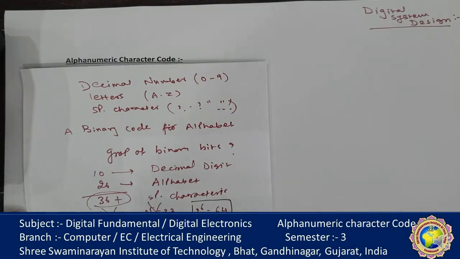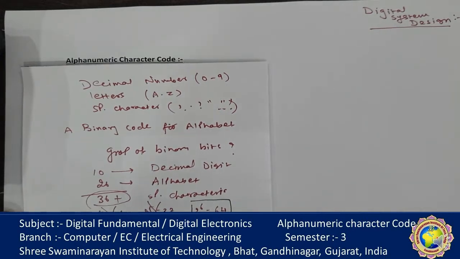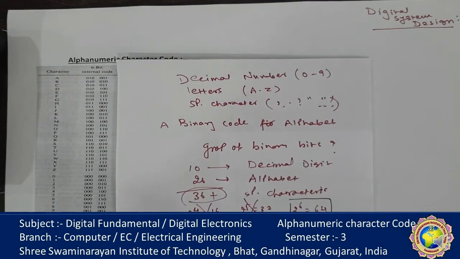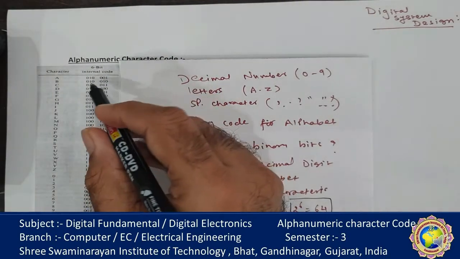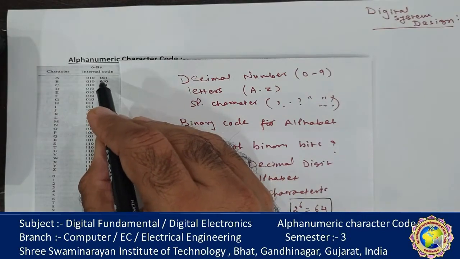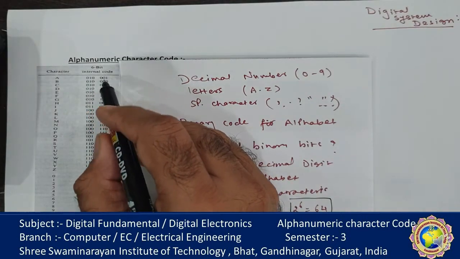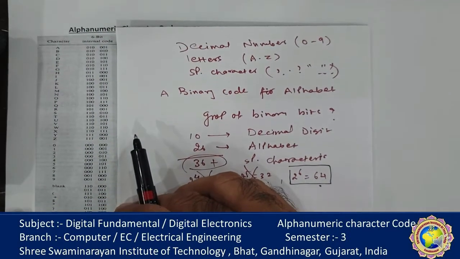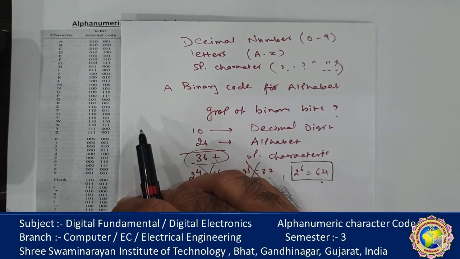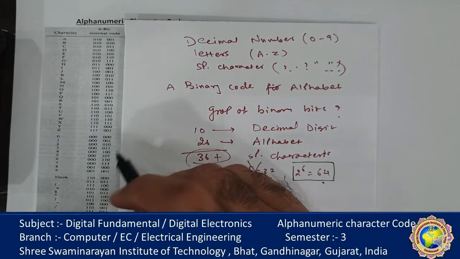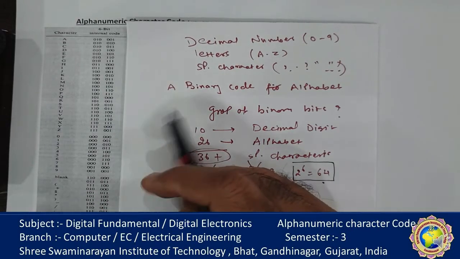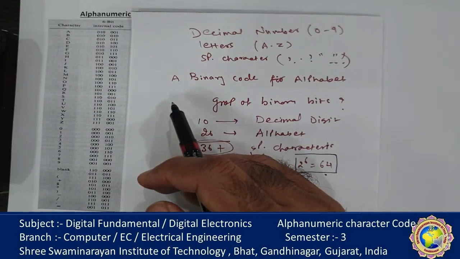One possible arrangement for a 6-bit alphanumeric code is known as the internal code, where A is represented by 010001. This table is the 6-bit code, and it also includes the blank sign and some special characters in binary format.